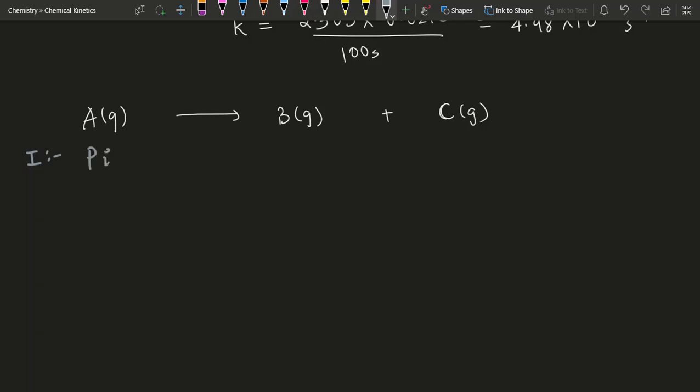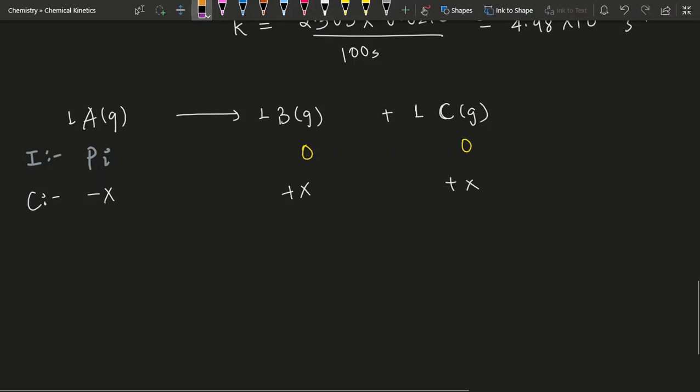We are not specifying the units here, and for the products there is no product, so the partial pressure is just zero. The change is, if 1 mole of A is used, then there is a change of negative x in the pressure, plus x in both the products.